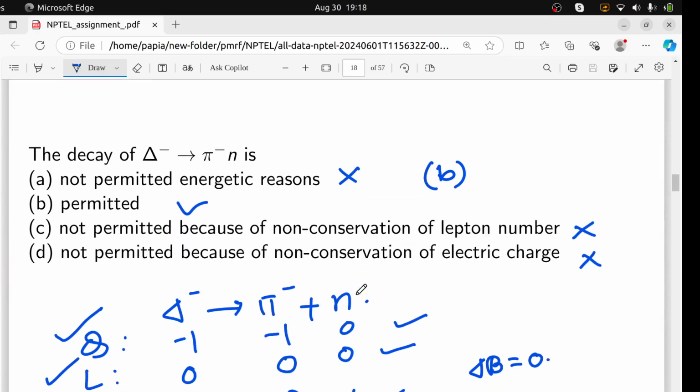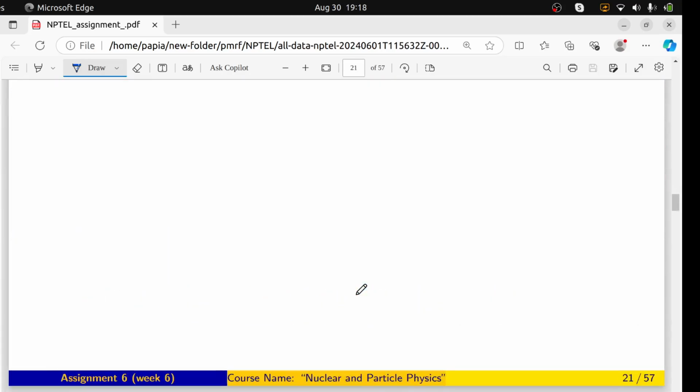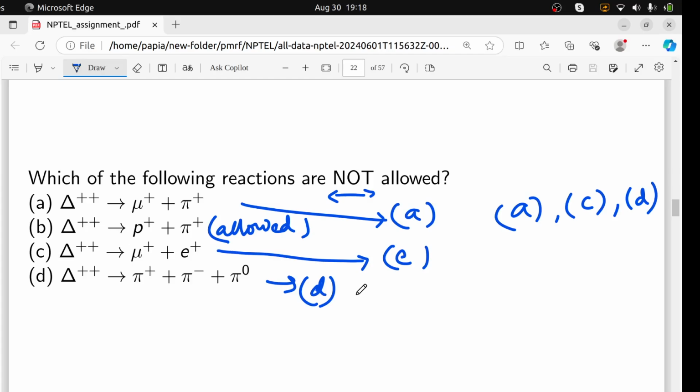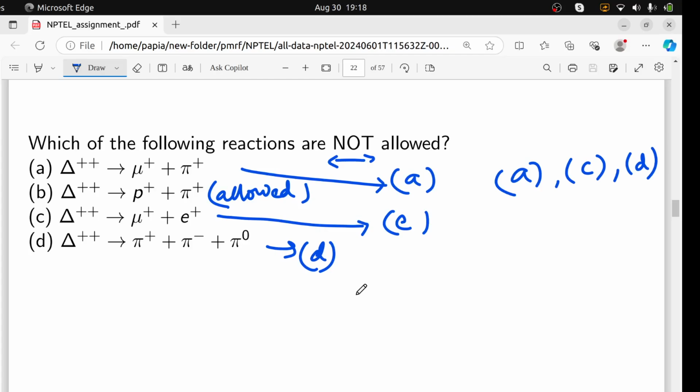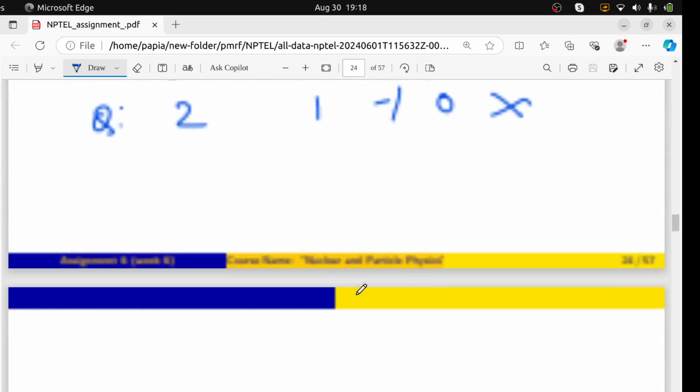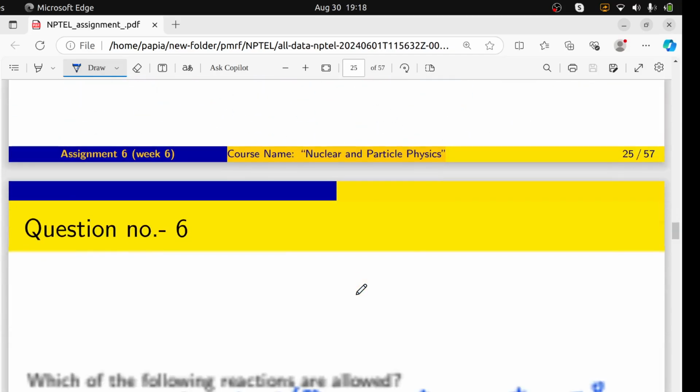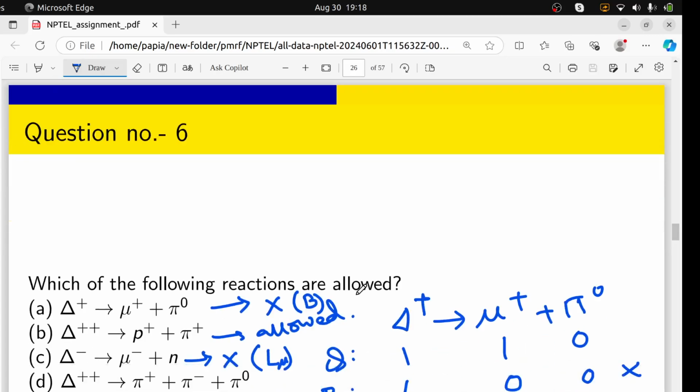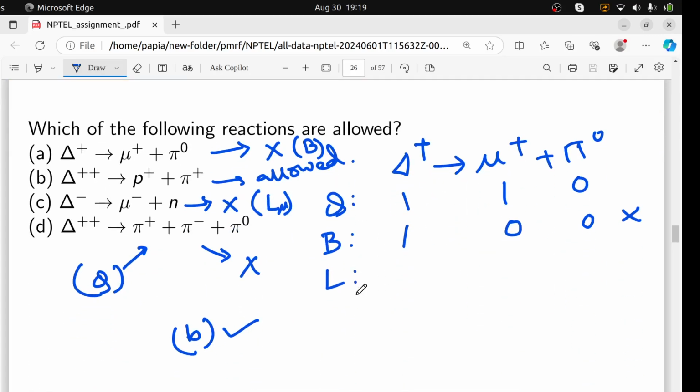Fourth one is, delta minus going to pi minus n is permitted or not permitted? Which of the following reactions are not allowed? And the answer is A, C and D. Which of the following reactions are allowed? And the answer is B. Okay. And this is also only B.